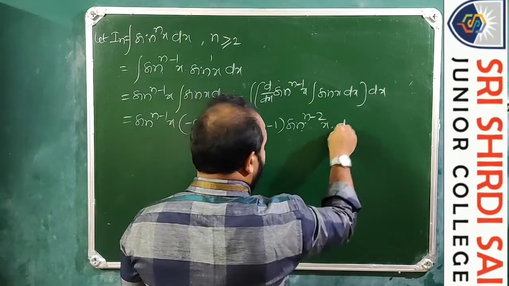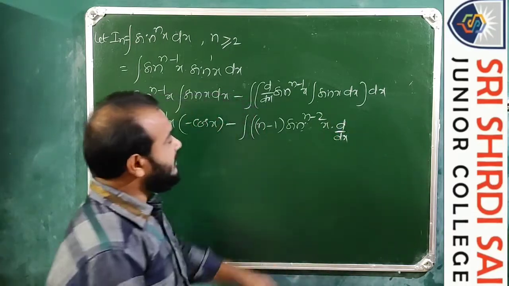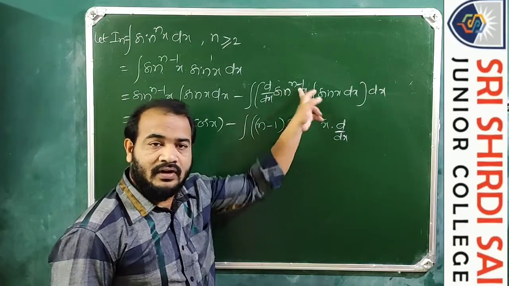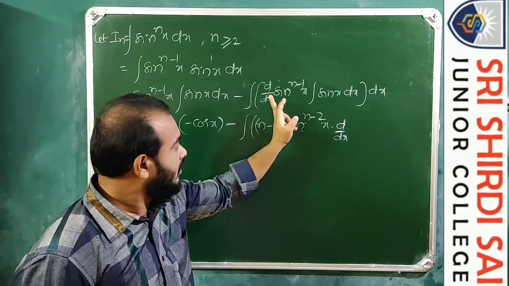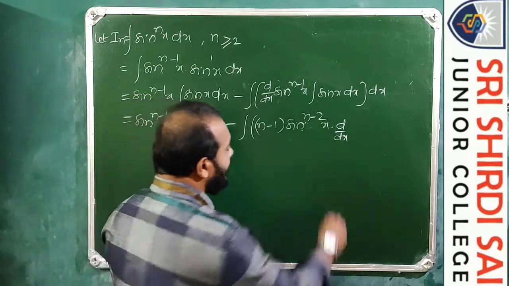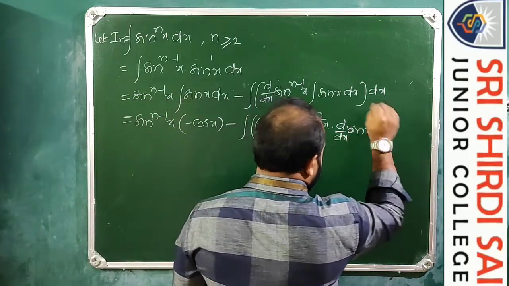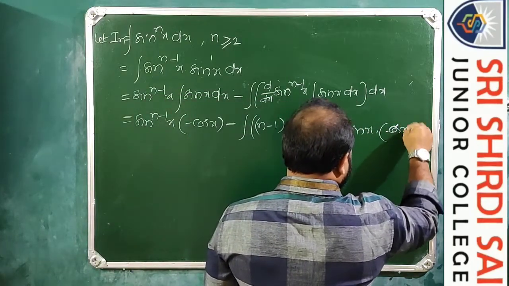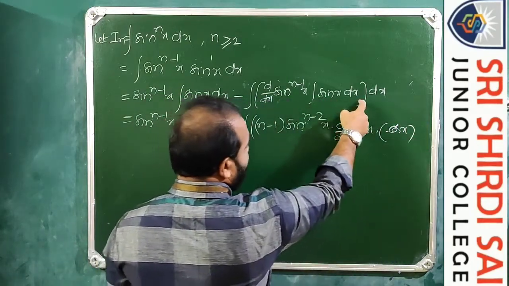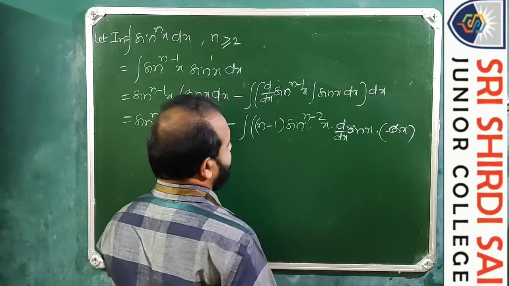Into d/dx of sin x, since sin x is treated to be x, sin x is to be differentiated later, into d/dx of sin x. So the integral of sin x dx is minus cos x.